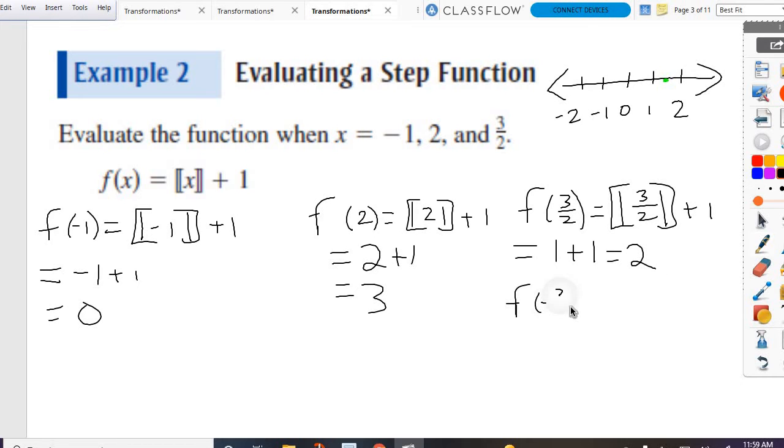Now, they don't ask us to find it, but I want us to practice with it. If I plugged in a -3/2, be careful. Where does -3/2 live on our number line? Okay, so what is the biggest integer that is less than or equal to -3/2? -2.